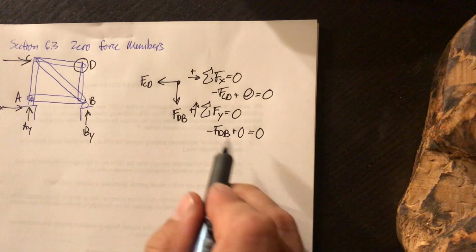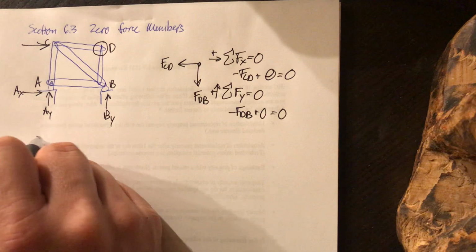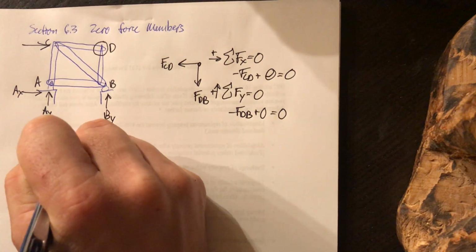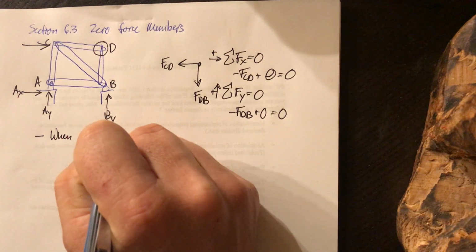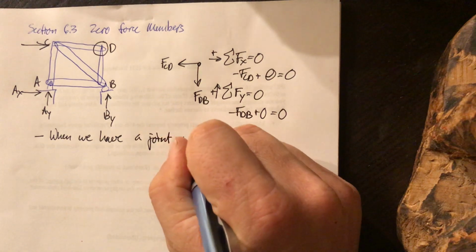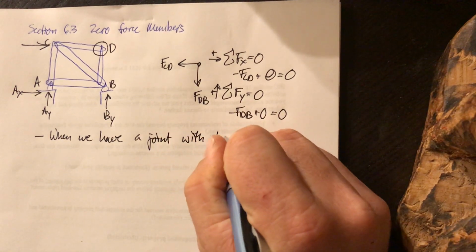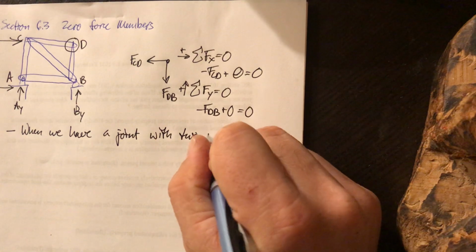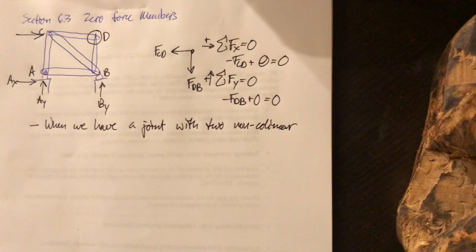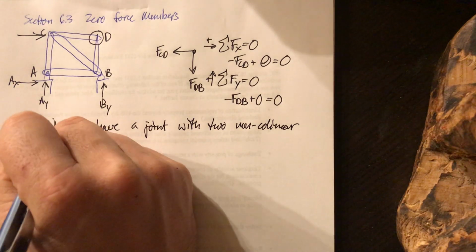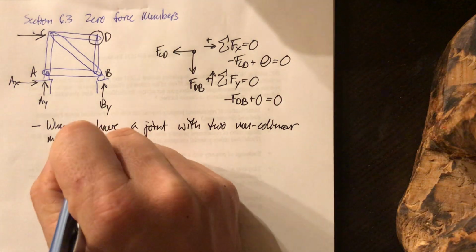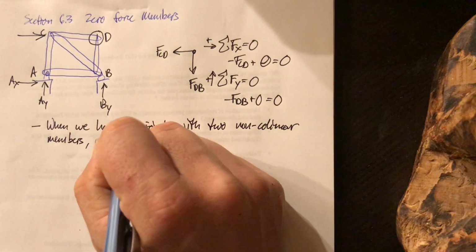Now, this is our first case. So the first case of a zero force member is when we have a joint with two non-collinear members where no load is applied.